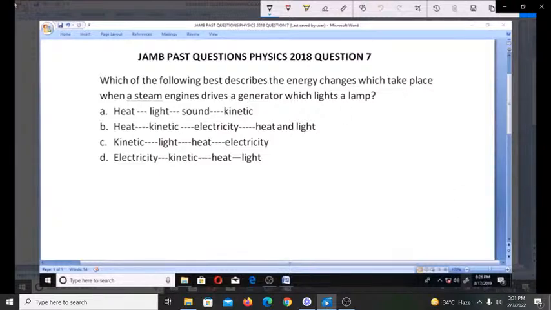Now, for us to understand this problem, we need to first of all know the first law of thermodynamics. Very, very important.